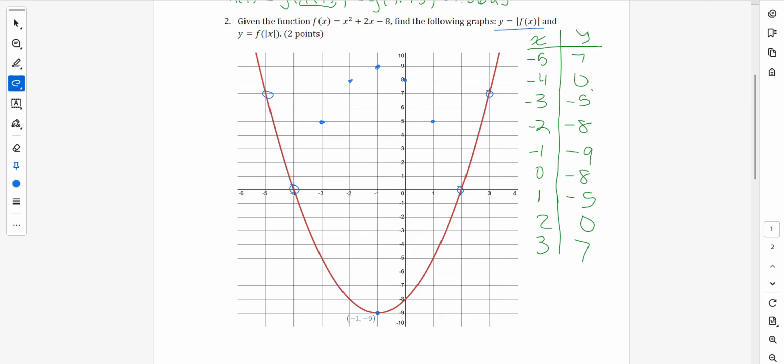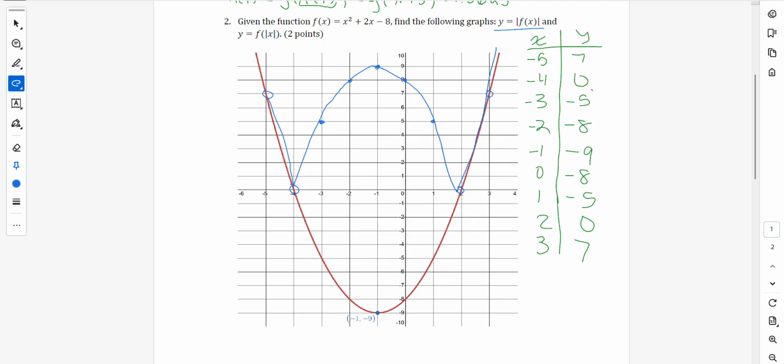It's kind of that W-like shape. Okay. So that absolute value of f means we're taking all those y values and plugging them in, and we're making the negative values positive.